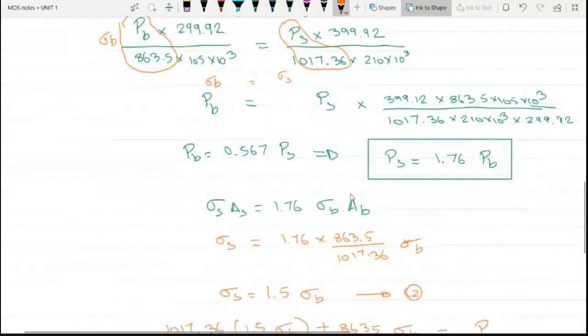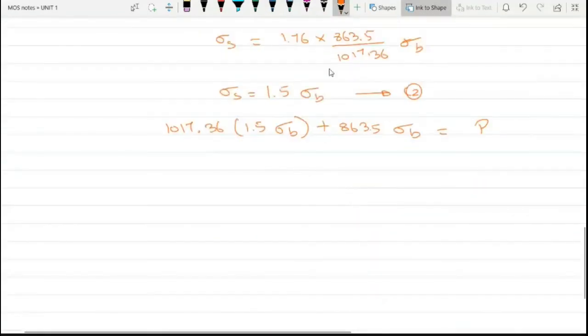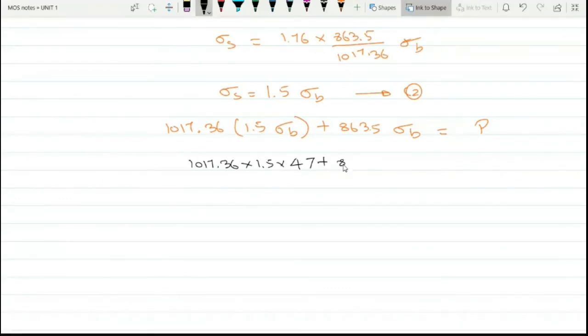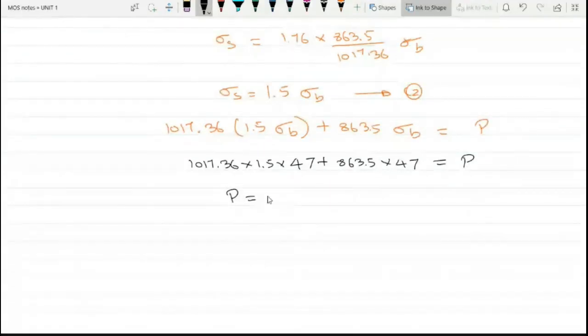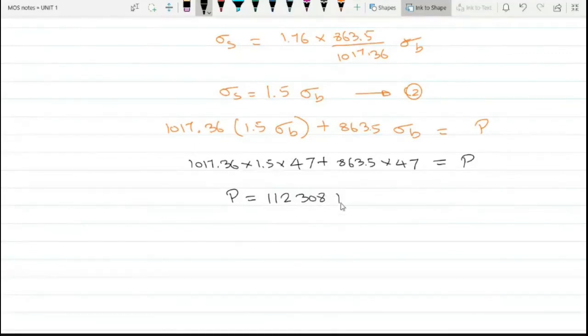Let us substitute 47: 1017.36 into 1.5 into 47 plus 863.5 into 47 is equal to your P value. So what is the value of P? It is 112,308 Newton. This is the force developed for the composite bar.